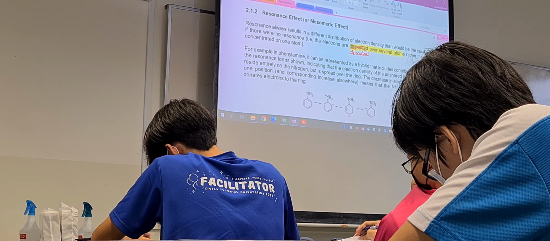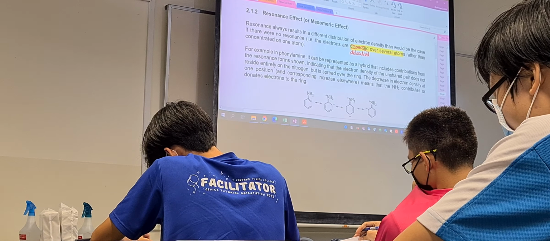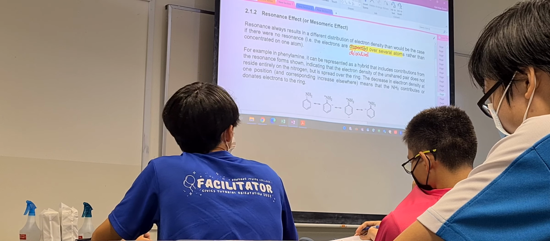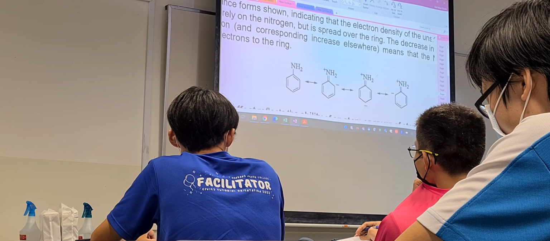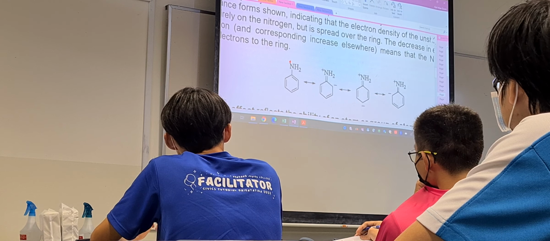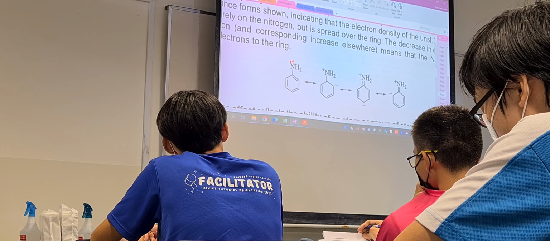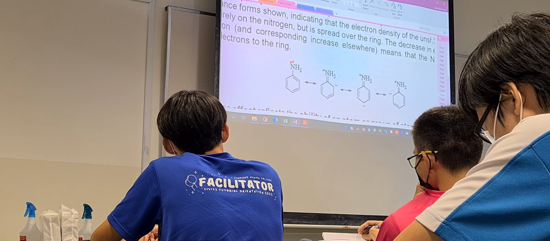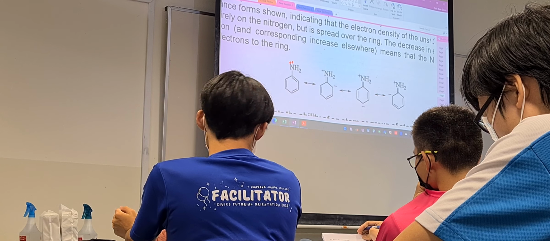So for example, in phenylamine, I don't think you have learned nitrogen compounds until H2, right? Oh, I learned already. If you look at this phenylamine, you should know that there's a lone pair. What is the hybridization of the nitrogen? Very quickly, you should be able to tell me from the paper that I've given to you just now. It is actually sp2.